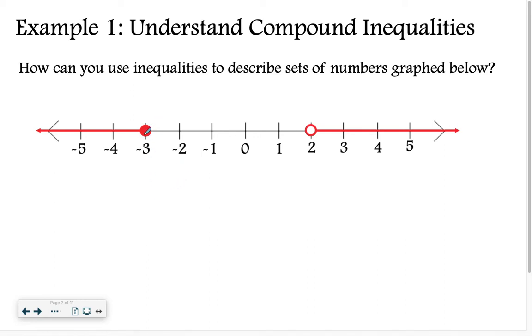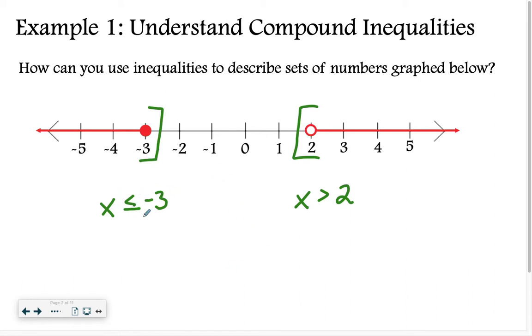If I focus just on this part for now, my variable is less than or equal to -3, because that circle's filled in. Then over here, x is greater than, not or equal to, because it's not filled in, 2.